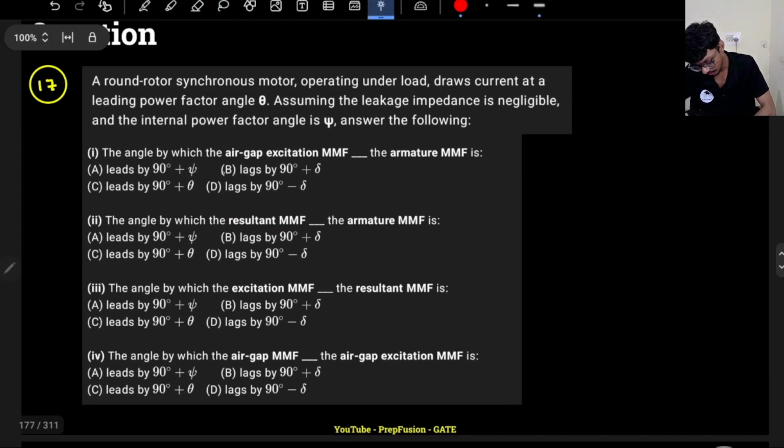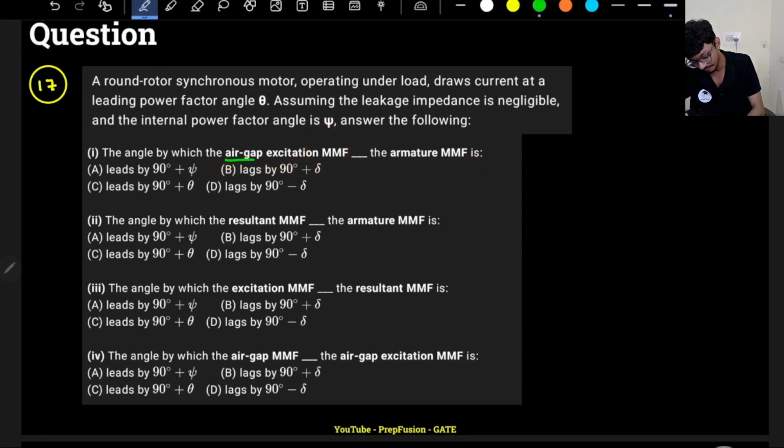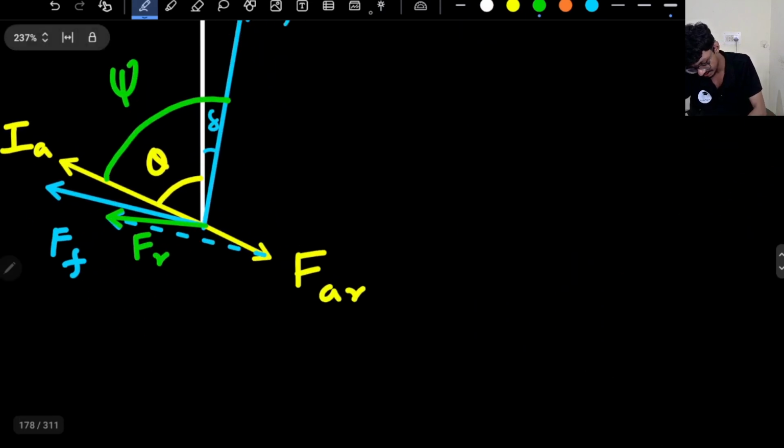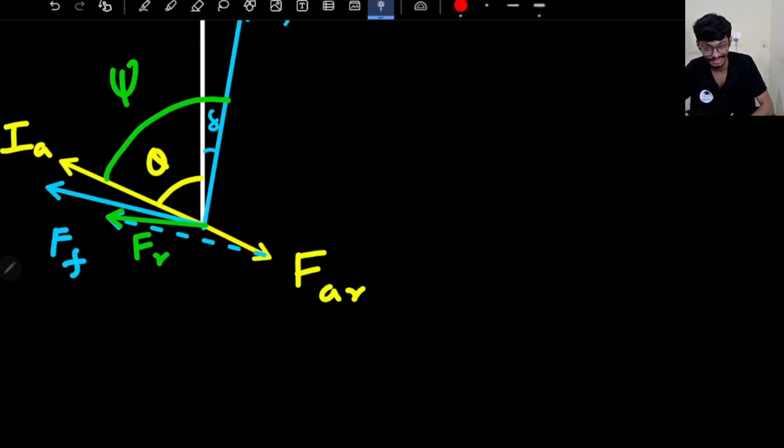The angle between the air gap excitation MMF and the armature MMF. Air gap excitation means it is talking about FF and the armature MMF. So the angle between FF and FA, right? FF is here and FA is here. What is the angle? We had just derived it.